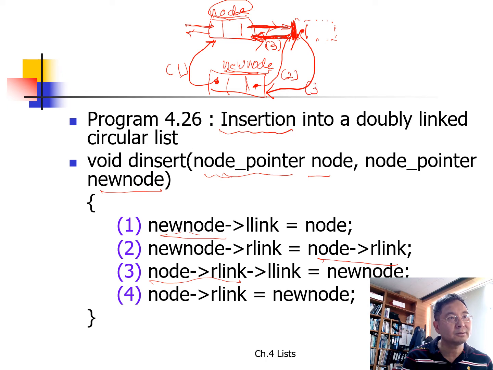This becomes step 3. Okay, so the node's R link's L link becomes the new node, the starting address of the new node. And how about this one?